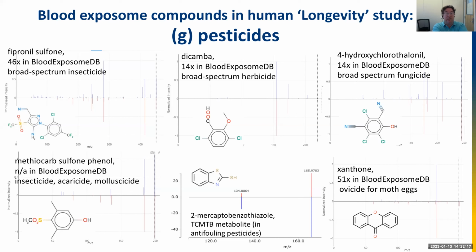So yes, we see it too, and that's with untargeted methods. Broad spectrum herbicide dicamba, fungicides, insecticides, anti-fouling pesticides, ovicides. So these are all compounds that we clearly do not want to see in human plasma, very clearly detected, unambiguously identified, and can be profiled in high throughput.